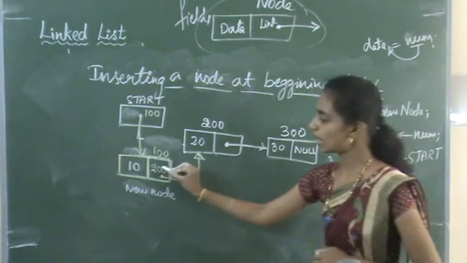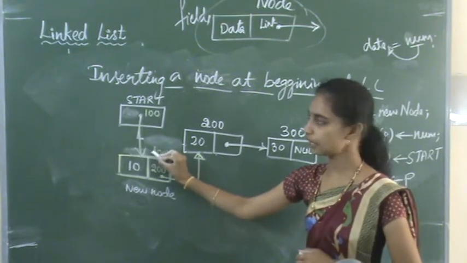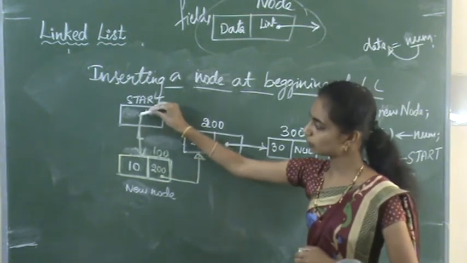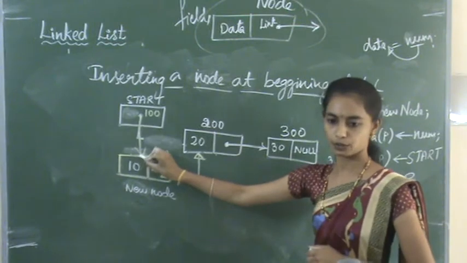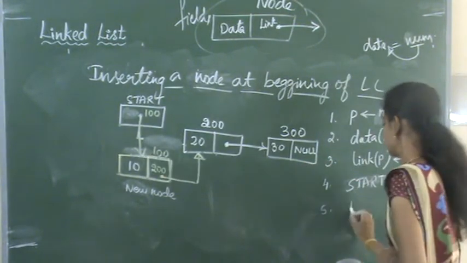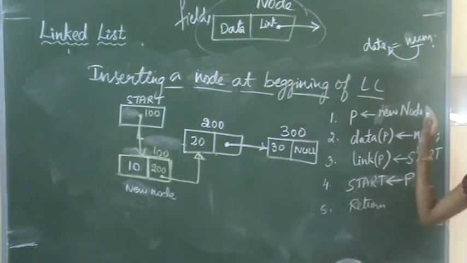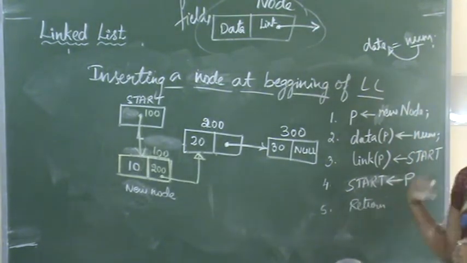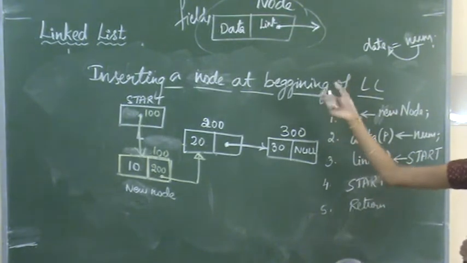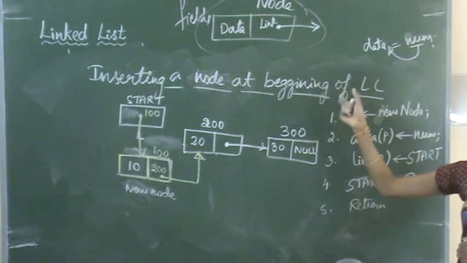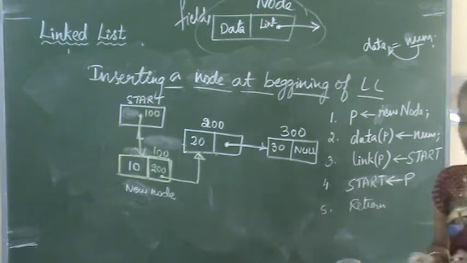Now I assign the address 100 to the start, so that creates a link automatically. The last step is return. So this is how we insert a new node at the beginning of the linked list.